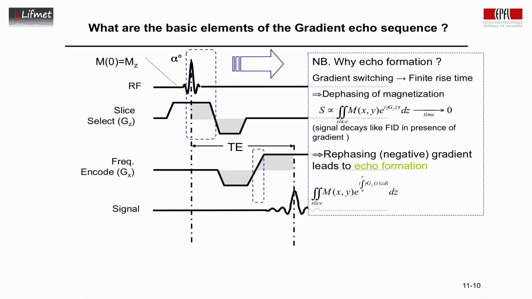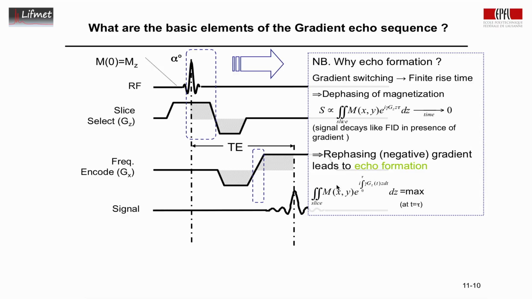If we write this in general terms, for the slice we integrate over the slice, the magnetization times e to the i phase, where the phase is given by the integral over time of gamma Gz t for a given position. And we want this to be maximal. That's what gives us echo formation.